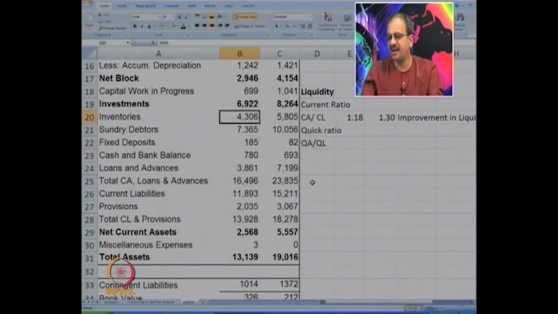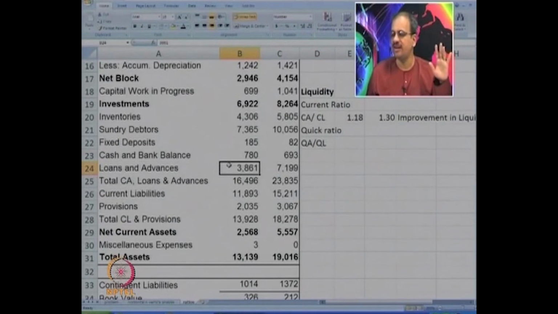So, look at the current assets, which of them are liquid in nature, we will include them. Shall we include inventory? We should not, it is not a liquid asset. Debtors, yes, it is a quick asset. Fixed deposits is a quick asset. Cash is a quick asset. Loans and advances, we should not include, it is non-quick.